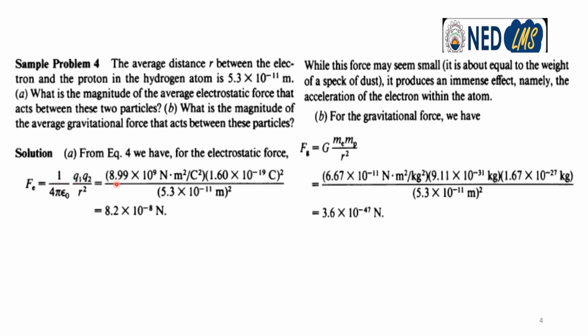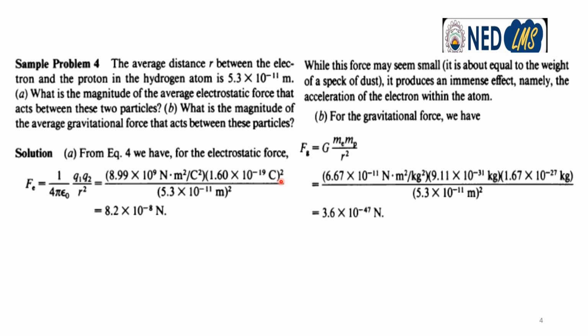So K is 8.99 or 9 into 10 to the power 9, times 1.6 into 10 to the power minus 19 square, over 5.3 exponent minus 11 meter square. Because we have electron and proton, we have discussed the average distance between the electron and the proton in the hydrogen atom. The charge of the electron is 1.6 and the charge of the proton is also 1.6, so we use 1.6 exponent minus 19 whole square.